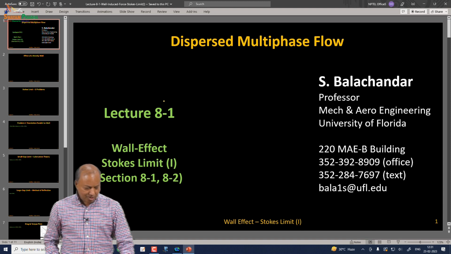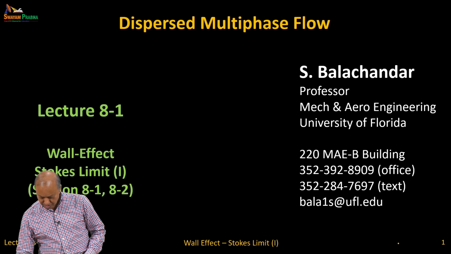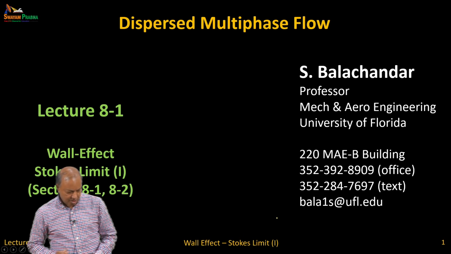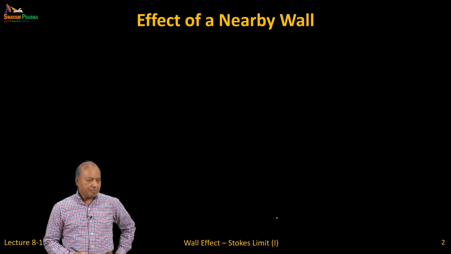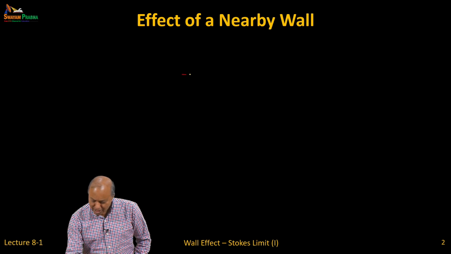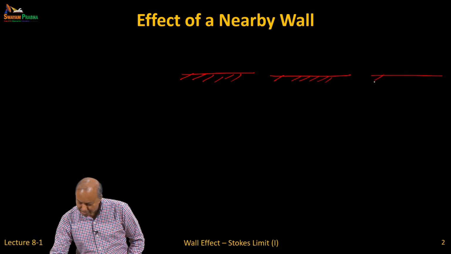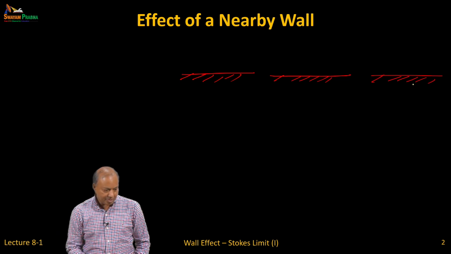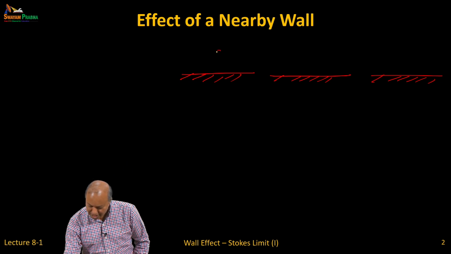So what I wanted to talk about was, when a particle is close to a wall, I want you to think of 3 different length scales. First thing is the size of the particle.